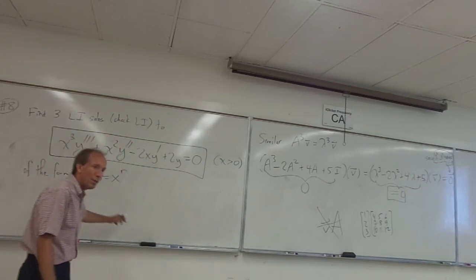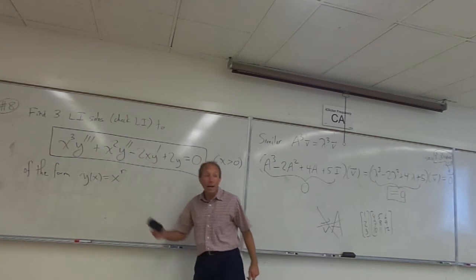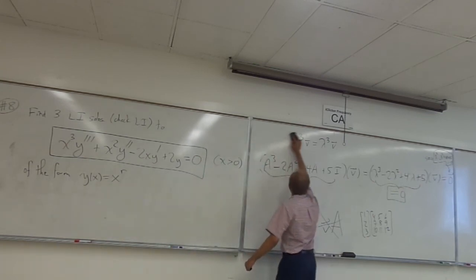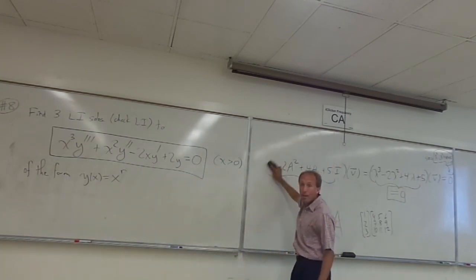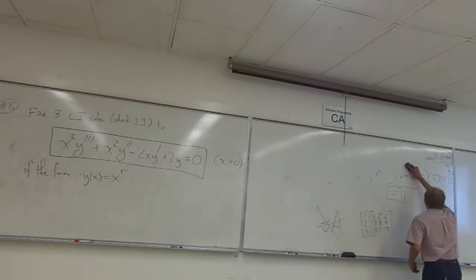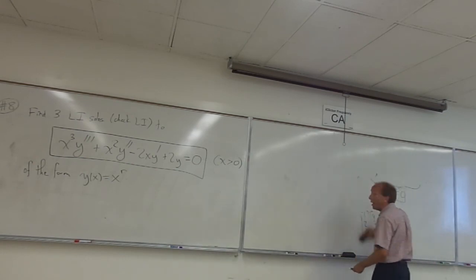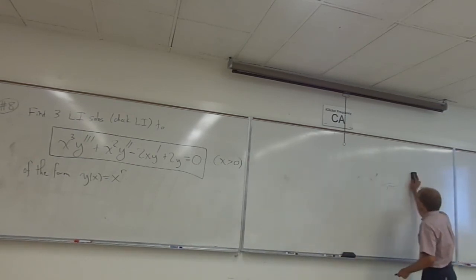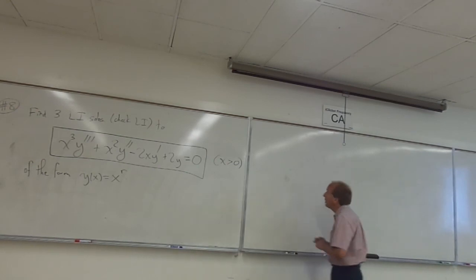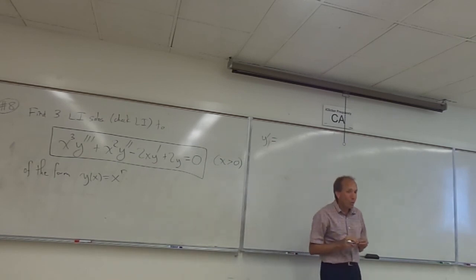So let's see if we can do this. If we're looking for solutions of the form x to the r, what am I going to want to do to solve that? Three derivatives. Right, I need to take derivatives, actually three derivatives of that x to the r. Okay, so let's do it. This is the boring part. We just have to use the power rule.